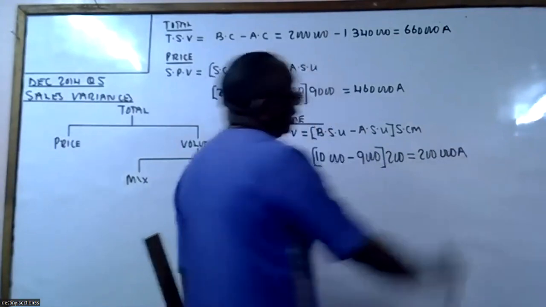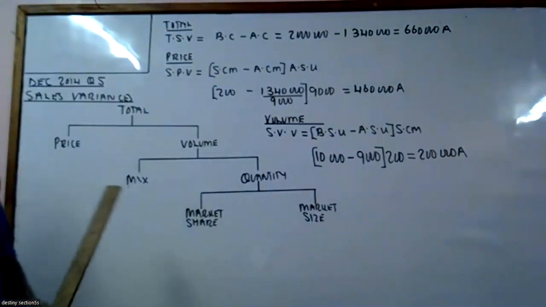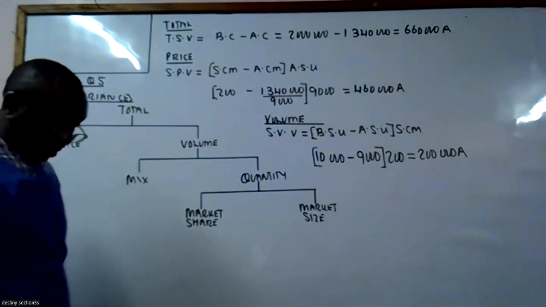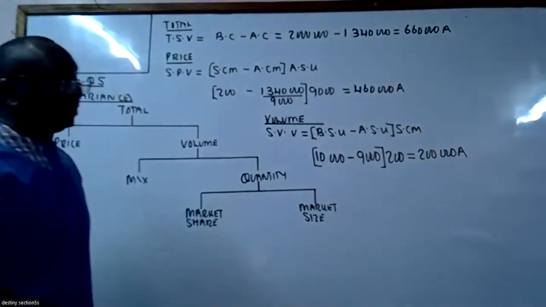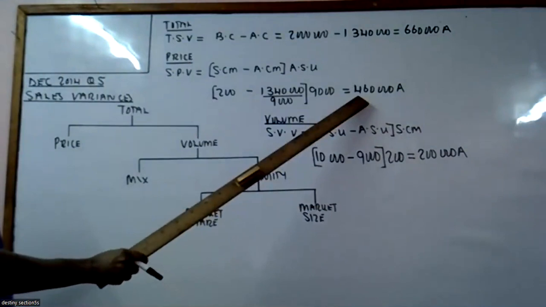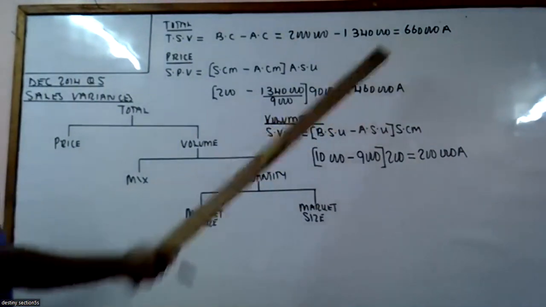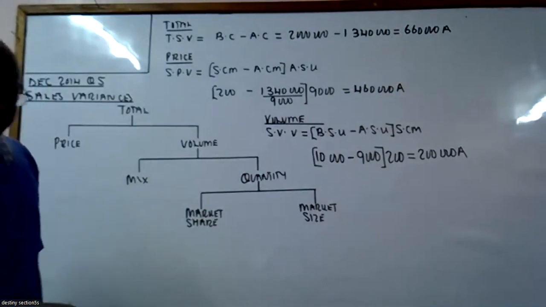And also this one is adverse. It's adverse because we sold fewer units. So again, you can see this 200 plus this 460 gives you this 660.